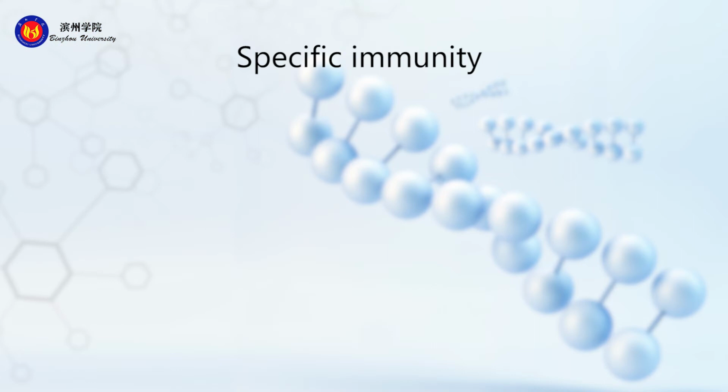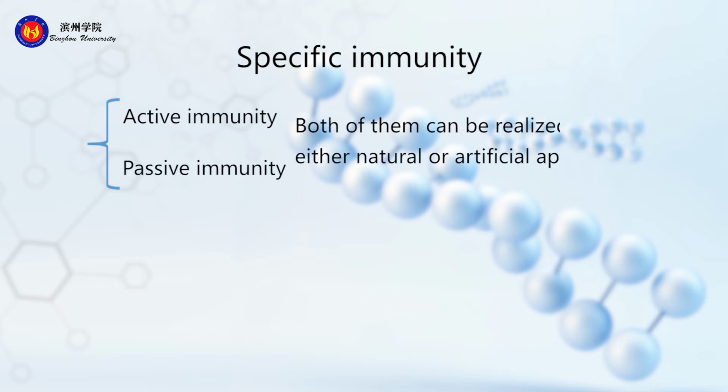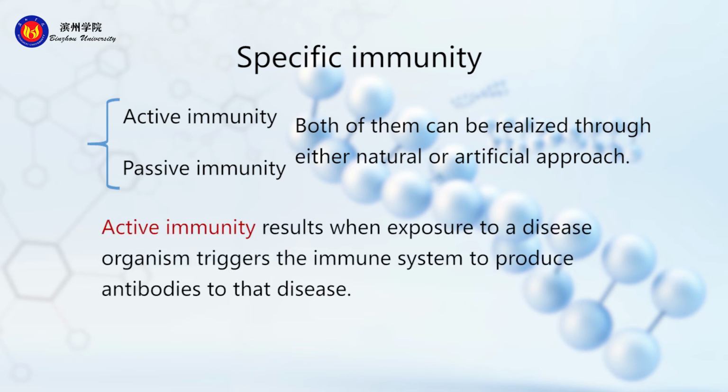Specific immunity can be classified into active immunity and passive immunity. Both of them can be realized through either natural or artificial approaches. Active immunity results when exposure to a disease organism triggers the immune system to produce antibodies to that disease.